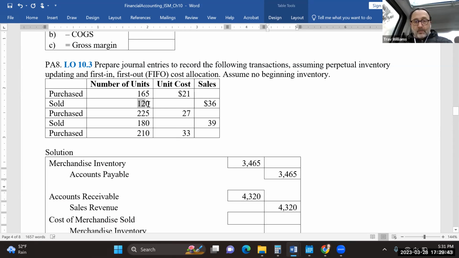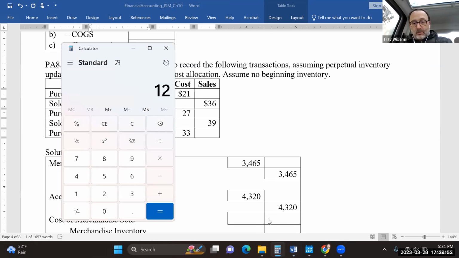And we have only one lot at this point in time, which is $21 per unit. So we're going to take 120 units that we sold times the $21 cost, and that's $2,520.